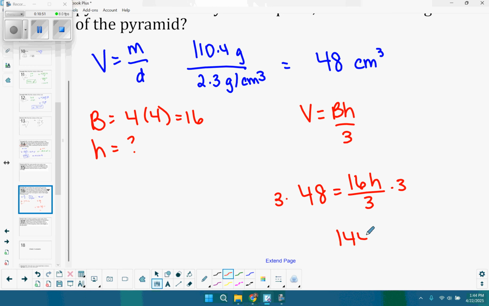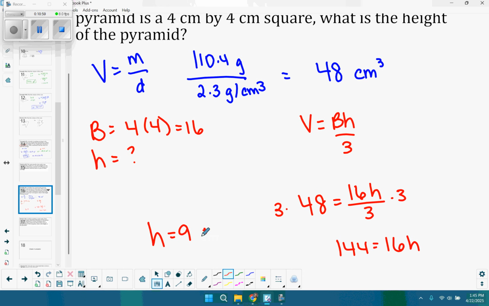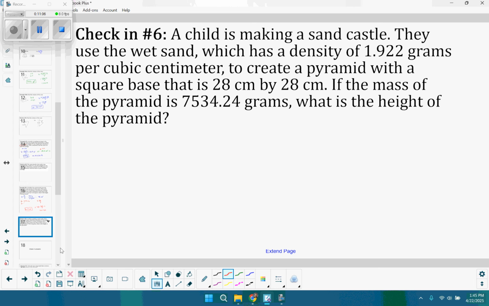So 144 equals 16H. And when I divide by 16, I get 9, and I believe this was centimeters. So the last one for you to try is right here. Answers are posted on Google Classroom. And that is the end of sections 11.6 and 11.7.